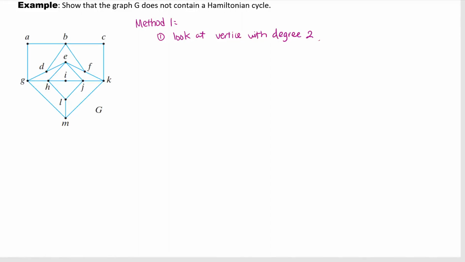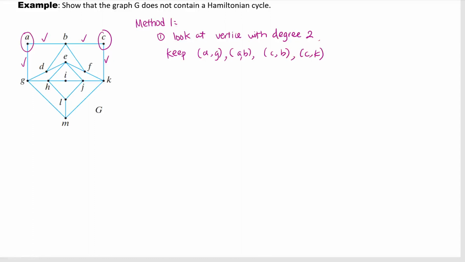So here we have A and C. So we keep the edges AG and AB, and we keep the edges BC and CK. Let me put it down. We keep the edges AG, AB, CB, and CK.